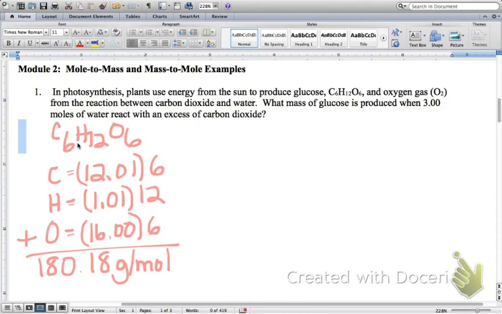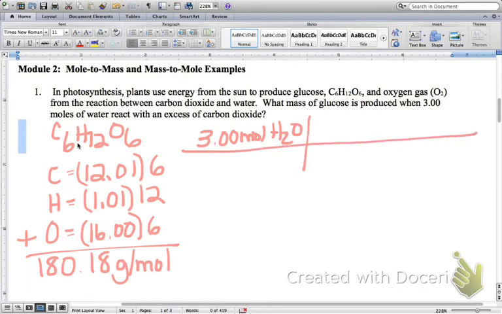So what we had in our little train tracks was 3 moles of water, and we had 1 mole of glucose over 6 moles of water. Am I right?